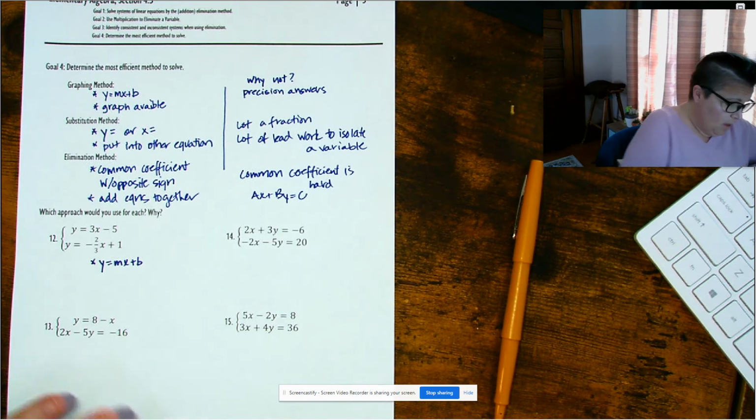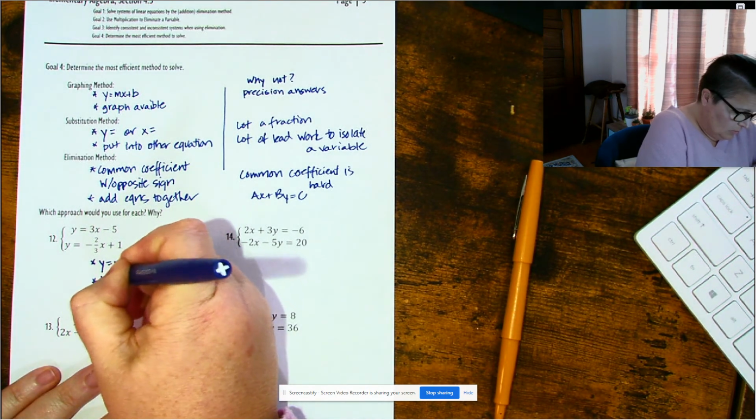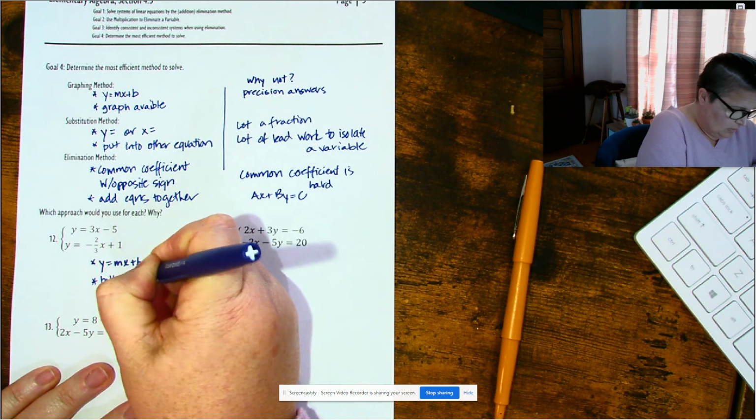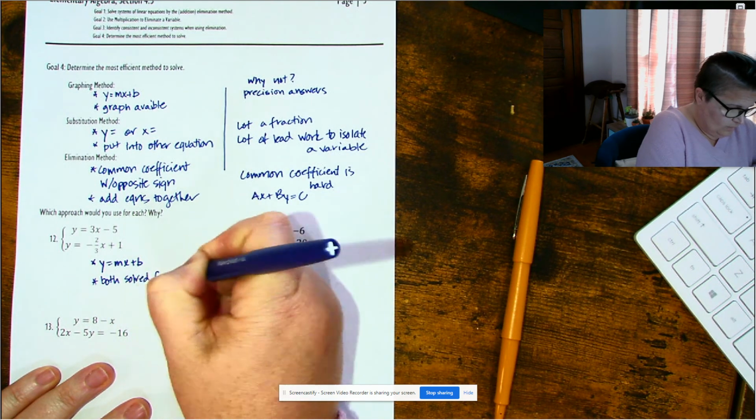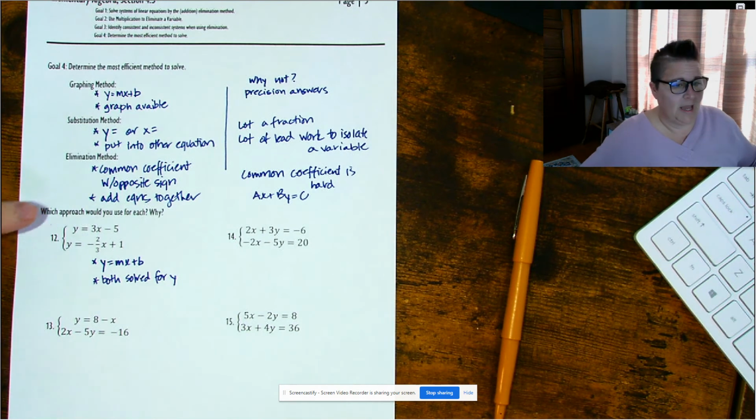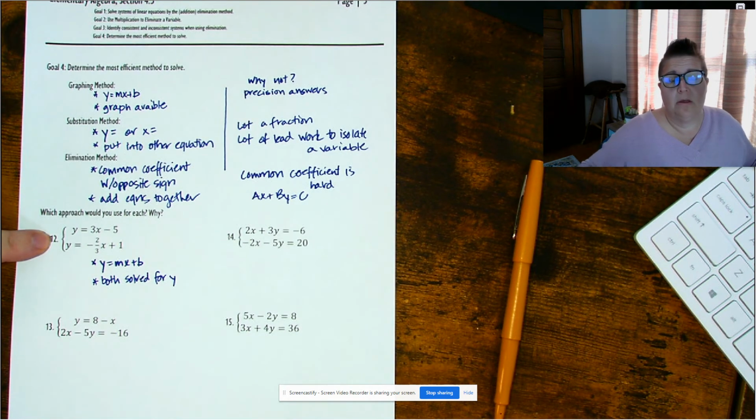So if I was looking at this particular system, the first 2 options that would come to my mind is first, do I have graph paper? Because I could very quickly graph both of these and find a solution, right?